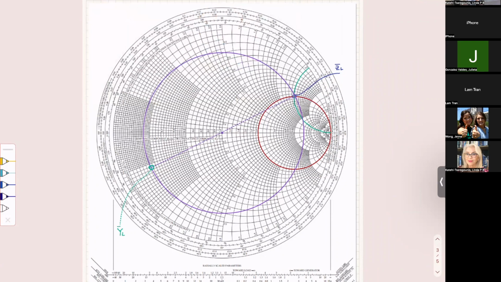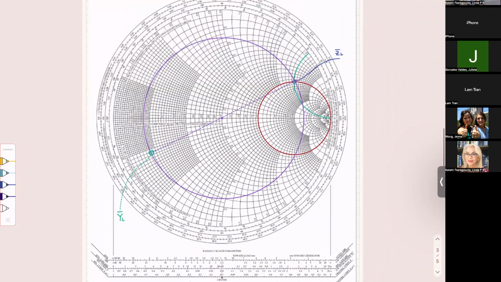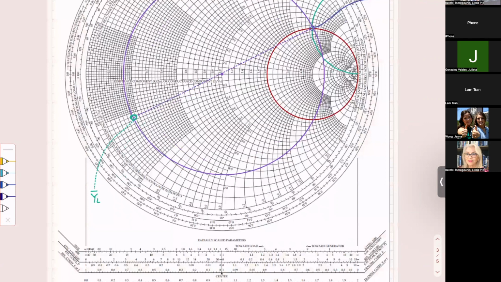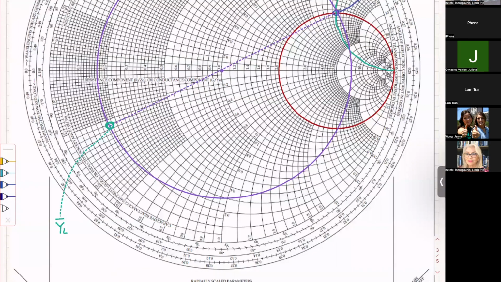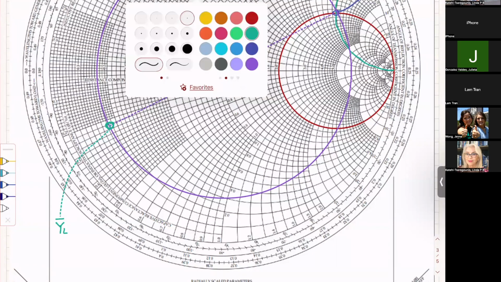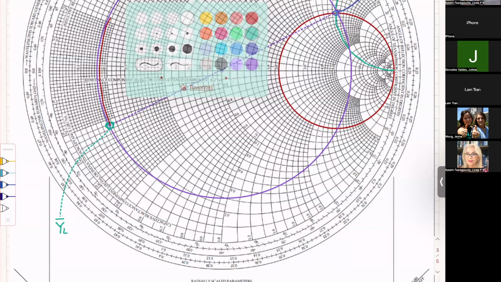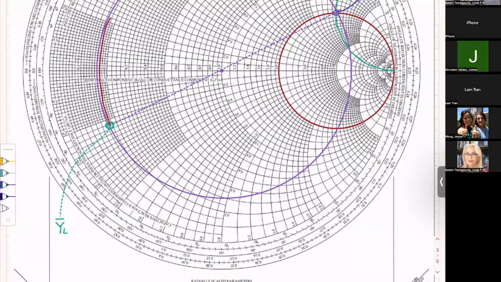Now let's see whether what we found is correct. So if we go and read here, the red circle that goes through this point is this one, approximately, and the reactive circle that goes through this point is this one.